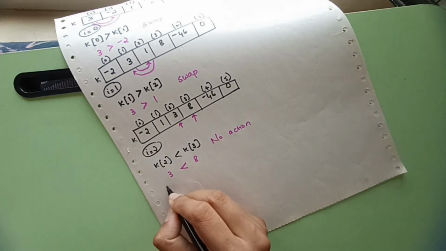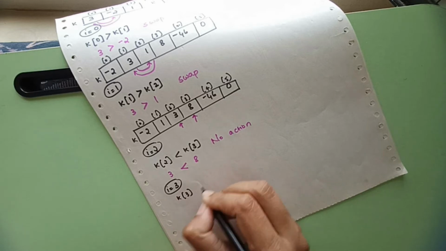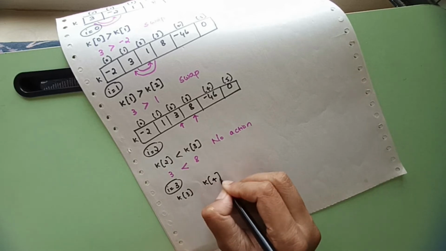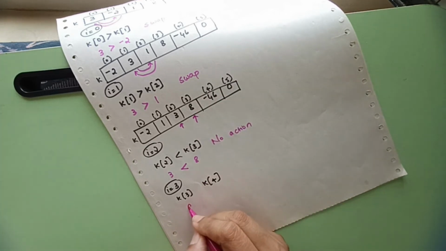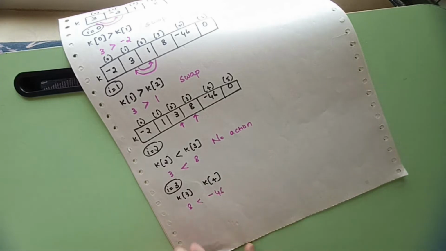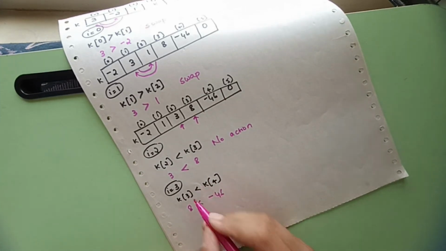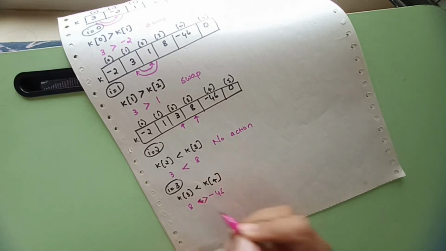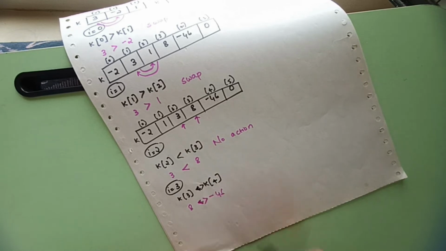Now we have I is equal to 3. So K of 3 and the consecutive element K of 4 will be compared. Which means 8 and minus 46. So 8 is greater. That is, K of I is greater.